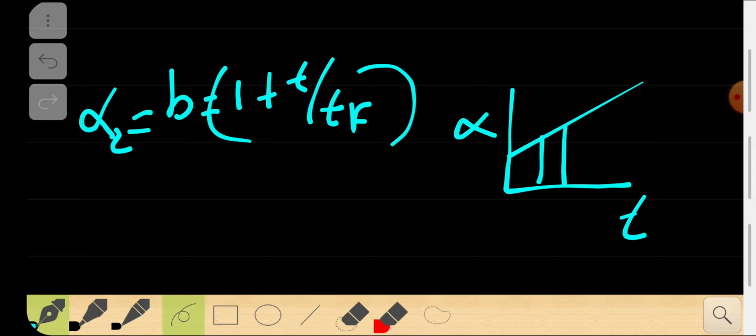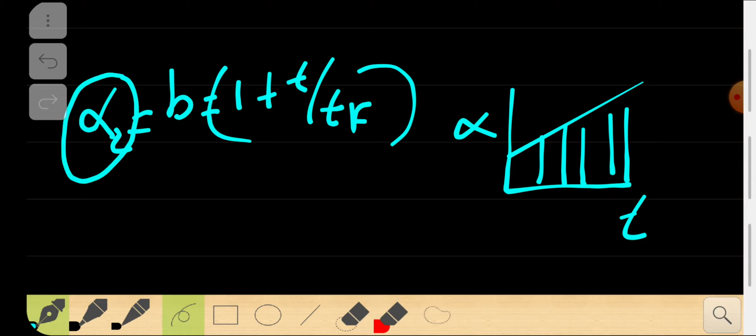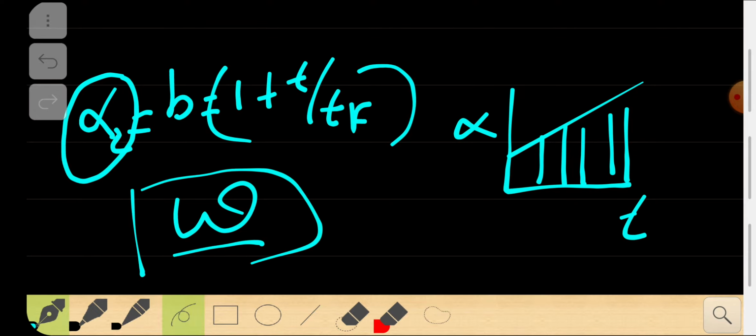So the area under that curve will be what? The area under the curve of acceleration will give the velocity, which is angular velocity omega. So the area under this will be equal to the total omega.